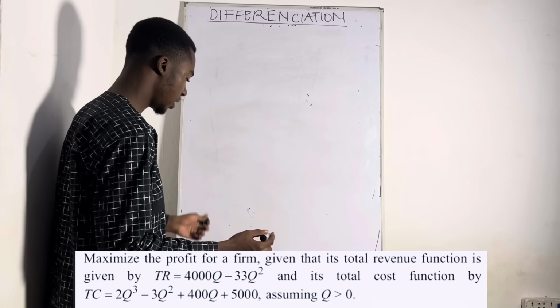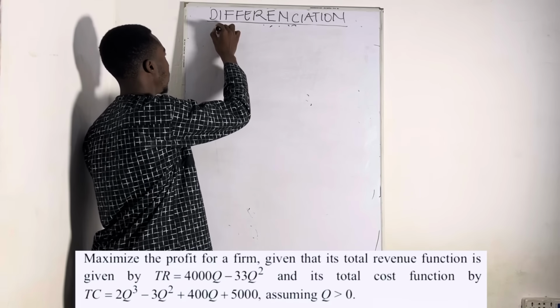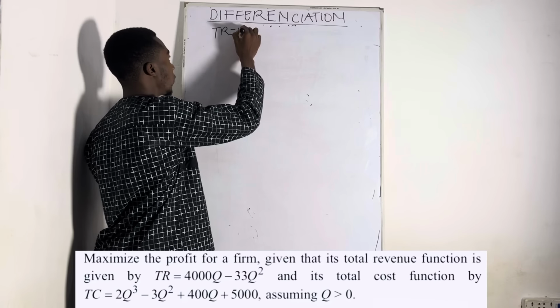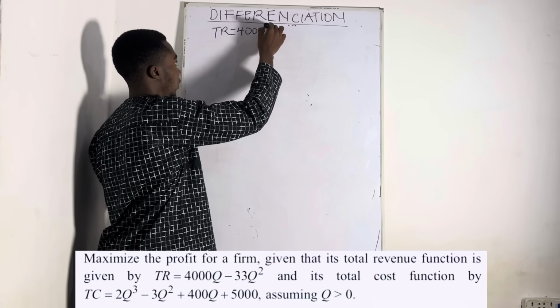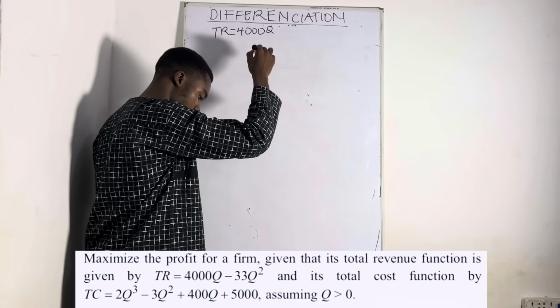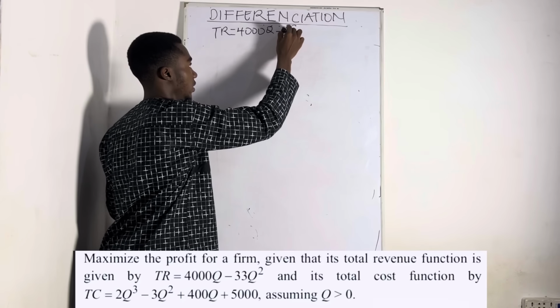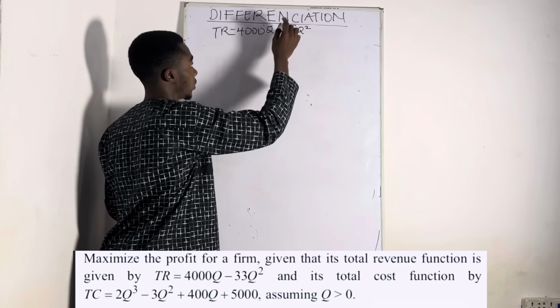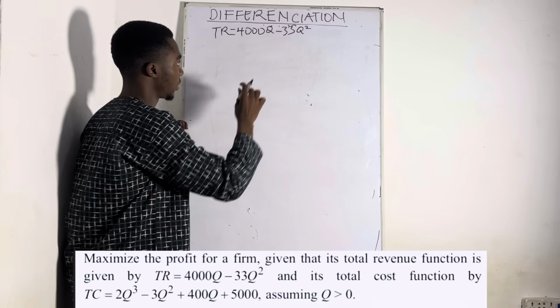Now, let's write the information on the board. So we've been given our total revenue to be 4,000 Q minus 33 Q squared.